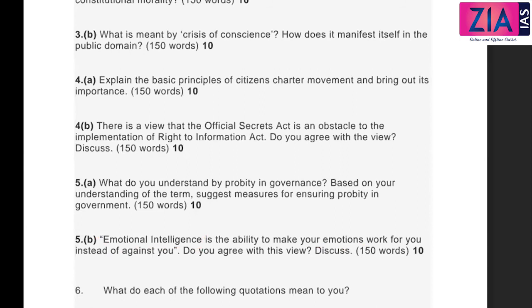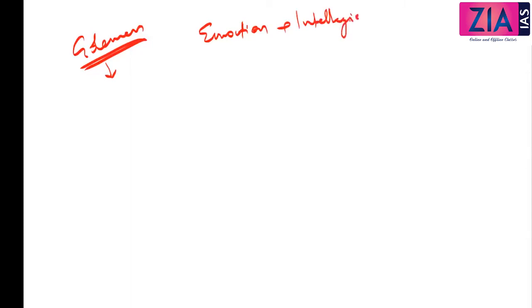So I'll give you the definition. As per Goldman, emotional intelligence involves the ability to recognize, understand, and manage your emotion as well as emotions of others. So emotional intelligence means emotions plus intelligence.